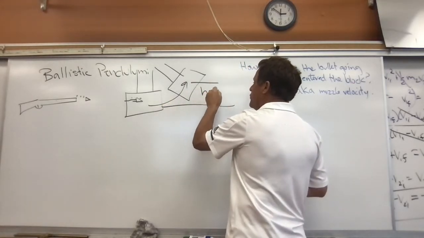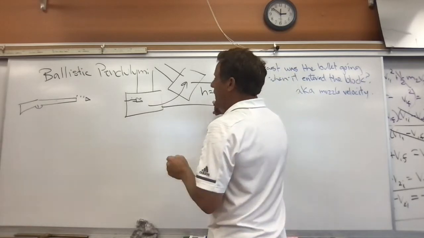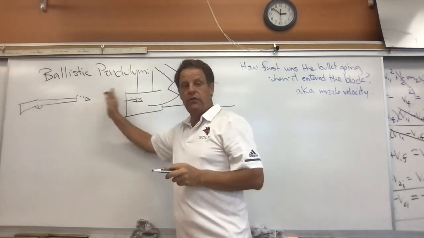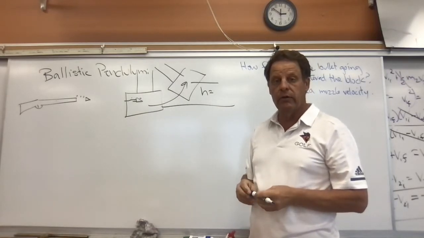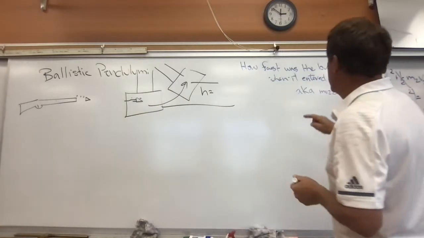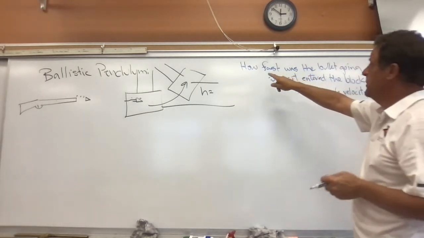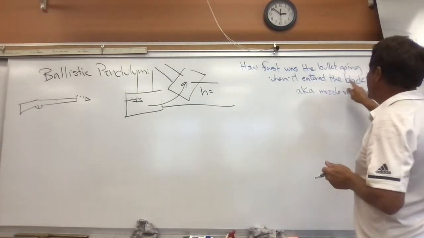And we can measure the height. By taking these two sets of information, we can figure out, for example, what the muzzle velocity is. So our question is, how fast was the bullet going when it entered the block?